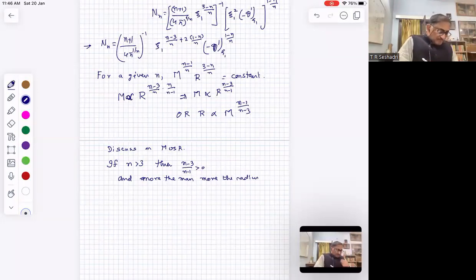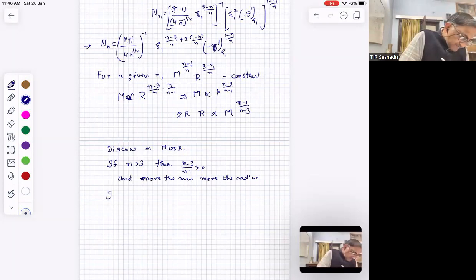If n is less than 1, then both numerator and denominator pick up a minus sign. So in this case also, more the mass, more the radius.